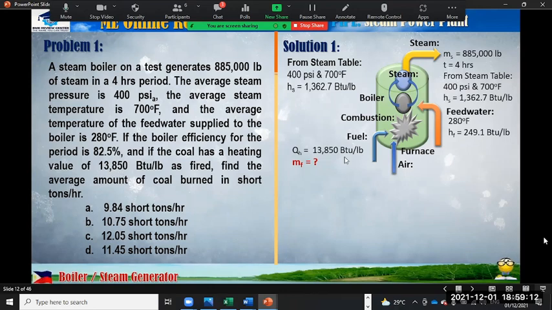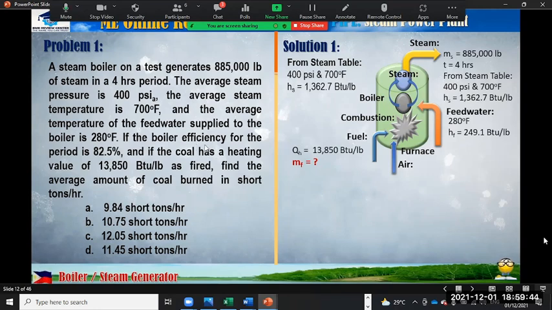So what is asked in the problem? Find the average amount of the coal burned in short ton per hour. So the mass of the fuel is being asked. Remember, there was a mention of the boiler efficiency, so we need to use the formula for boiler efficiency.